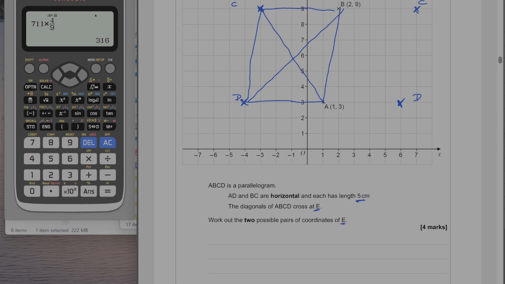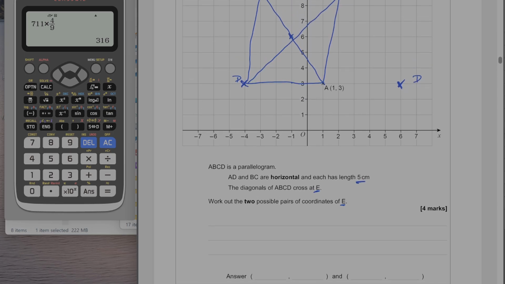Obviously not drawing this particularly well. Right, so this would be E here, and I'm just trying to check that. The distance between these two is actually 4, so that would be the point there.